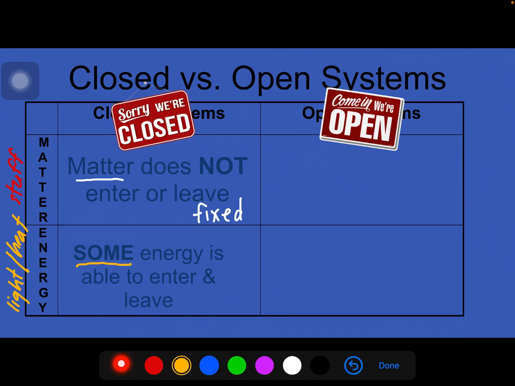So there's still some, but less than if it was an open gas station or an open system. So again, a great example for that closed system is that gas station, where things are closed. We don't add or take out matter from the system. It's a fixed amount, but we can see some energy, heat and light, coming and going.